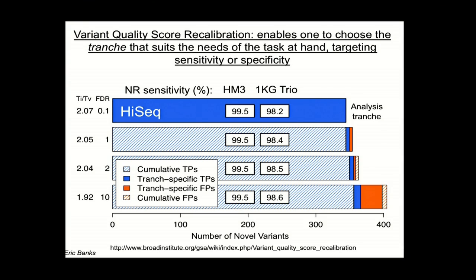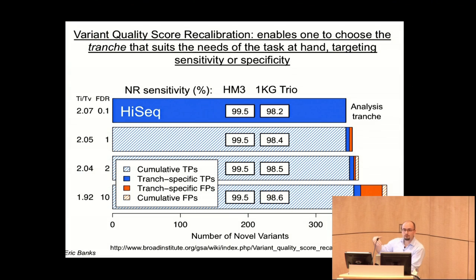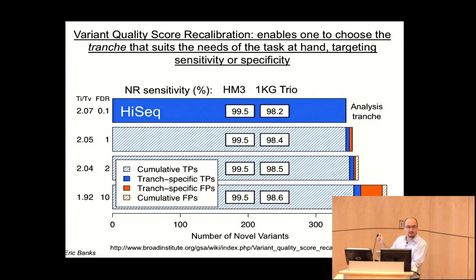So at the top, the very highest quality tranche here is the largest set of novel SNPs that I can find that have a 2.07 transition transversion ratio. So that finds most SNPs. I can then reduce that threshold. I could say, give me all the SNPs that sum to a 2.05 transition transversion. And this adds slightly more true positives and slightly more false positives.